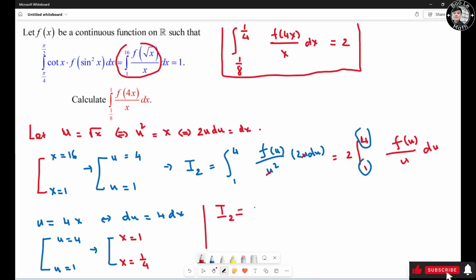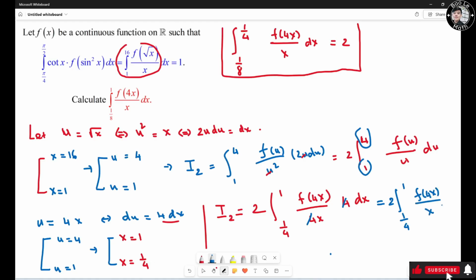So I2 can be written as 2 times the integral from 1/4 to 1 of f of 4s over 4s, and du is 4 ds. Then these cancel out, so you have 2 times the integral from 1/4 to 1 of f of 4s over s ds.